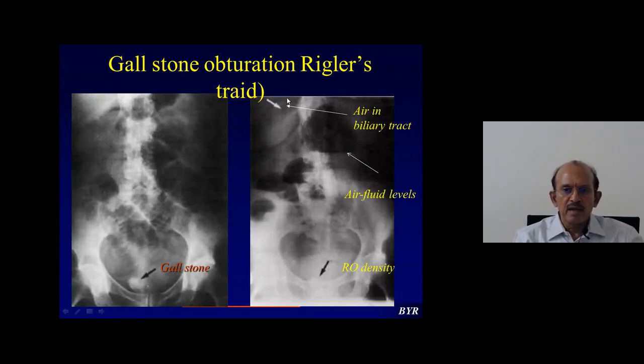So air in the bile ducts, distended bowel loops with air fluid levels, and radiopaque density in the pelvis. All these three put together are called Rigler's triad. Rigler's triad is the X-ray feature of gallstone obstruction.